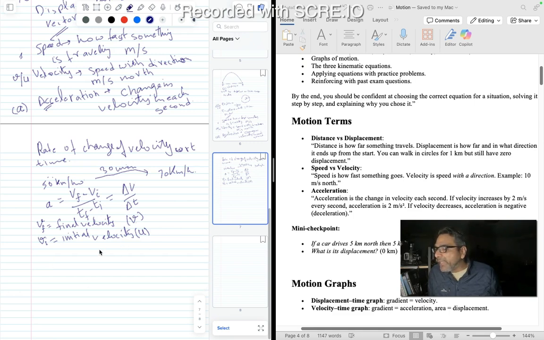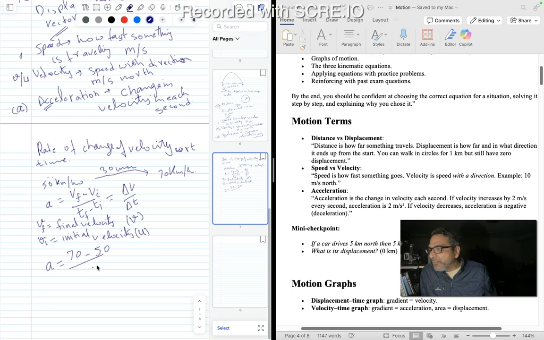Because we are dealing with kilometers and hours, first we have to understand the conversions in our units, right? So we can say half an hour, right? So if I'm saying a equals, what is the final one? It is 70. What is the initial one? It is 50.